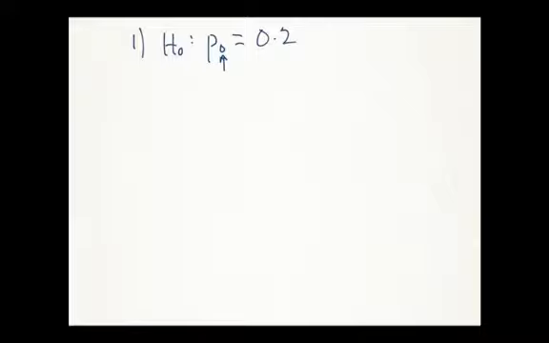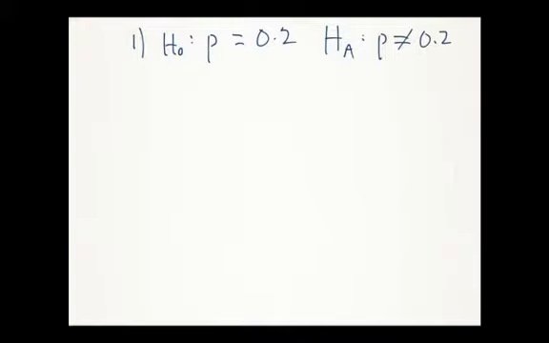I don't necessarily need that, so you can delete it if it's confusing. So p is equal to 0.2. That's my null hypothesis, and obviously the alternative is going to be that p is not equal to 0.2.